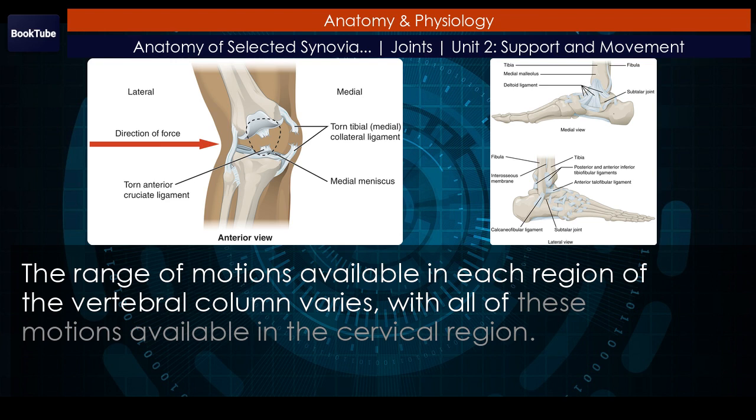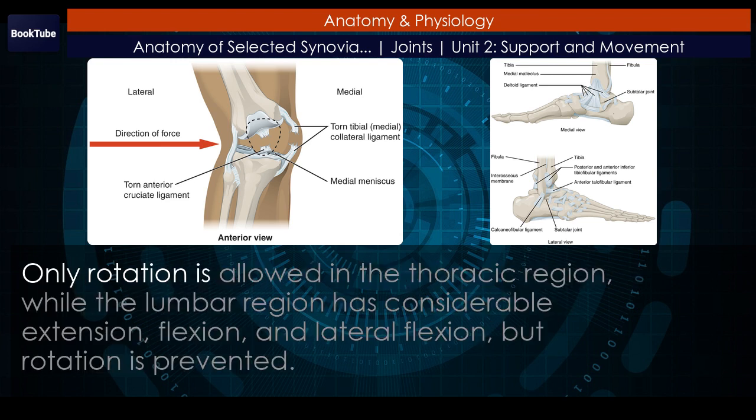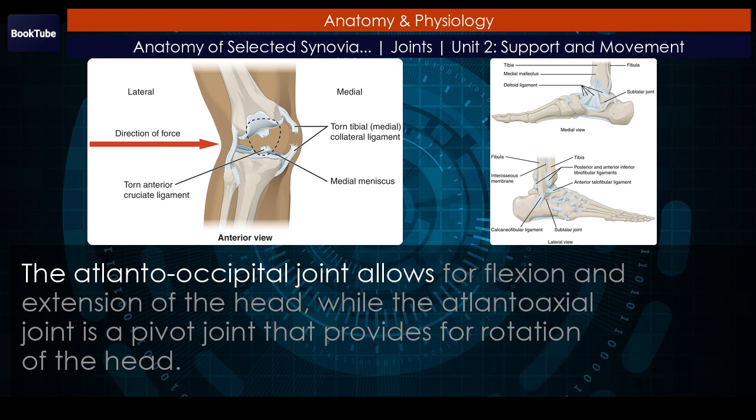With all of these motions available in the cervical region, only rotation is allowed in the thoracic region, while the lumbar region has considerable extension, flexion, and lateral flexion, but rotation is prevented. The atlanto-occipital joint allows for flexion and extension of the head, while the atlantoaxial joint is a pivot joint that provides for rotation of the head.